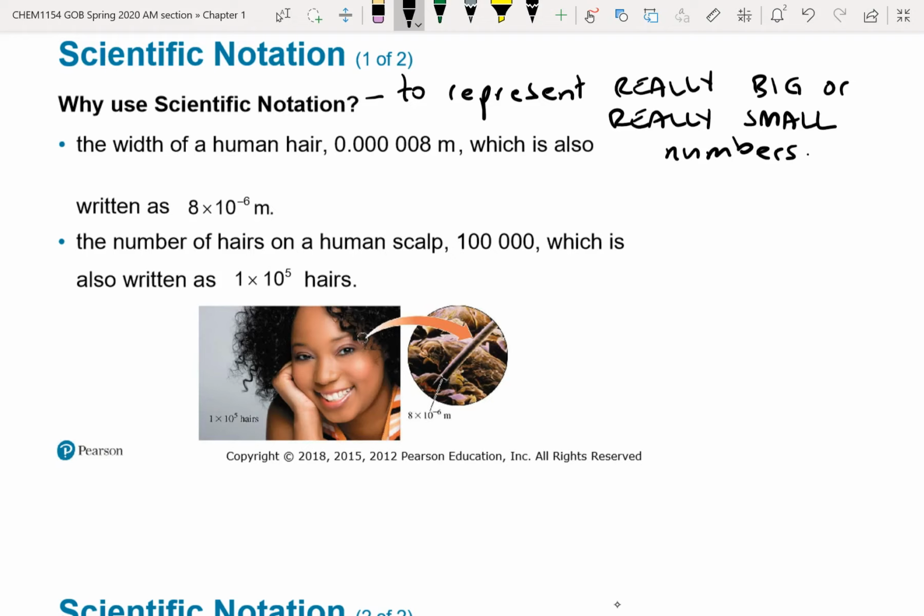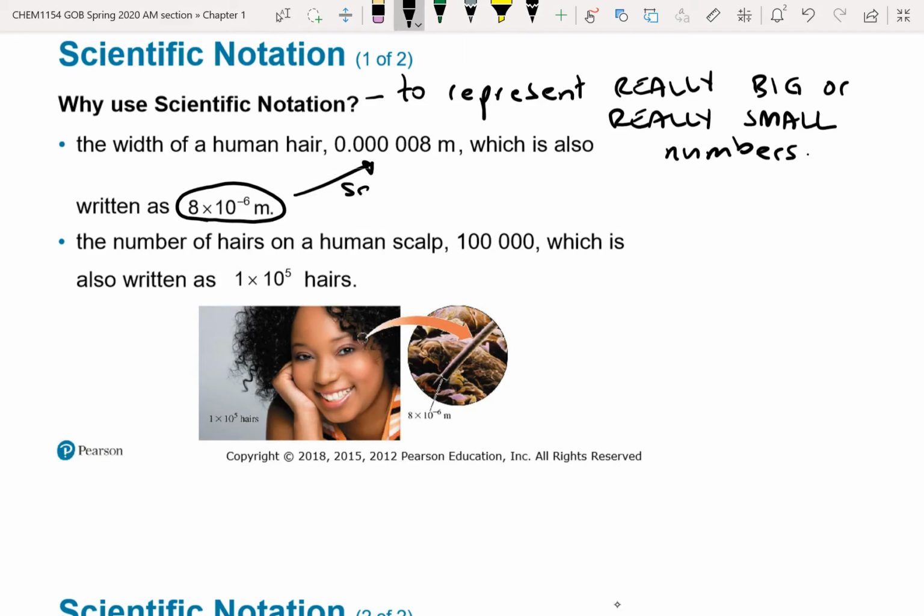But if we wanted to measure and report the width of a typical human hair, we can measure that with the right instrument and say that it's 0.000008 meters. It takes a lot of energy to write that out, or we can say it's 8 times 10 to the negative 6 meters. So this here is a number in scientific notation.